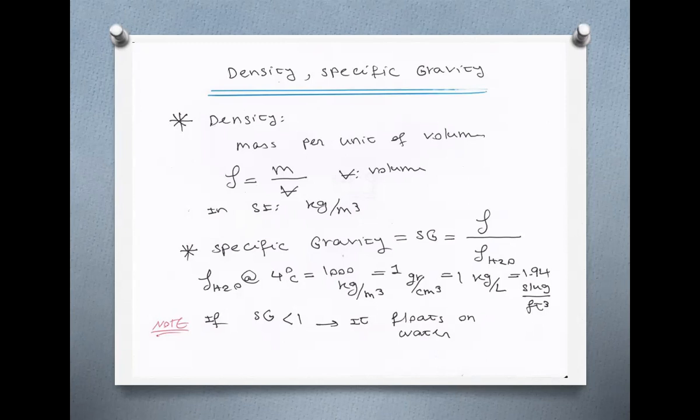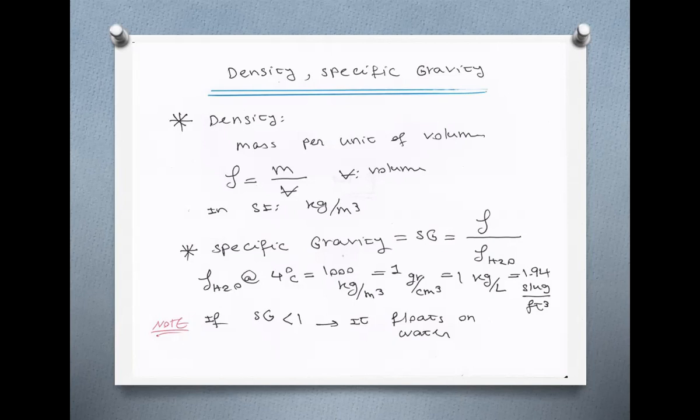In the SI system, the unit for density is kilogram per meter cubed. In the British gravitational system, where the unit for mass is the slug, it is slug per feet cubed. And in the English engineering system, it is pound mass per feet cubed.